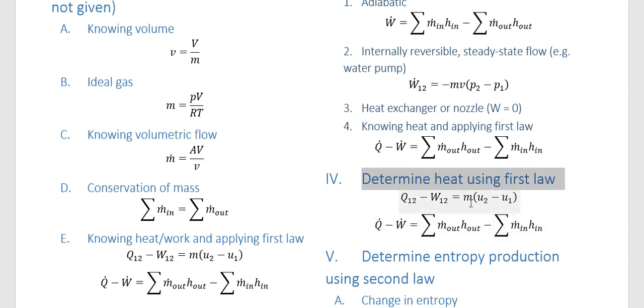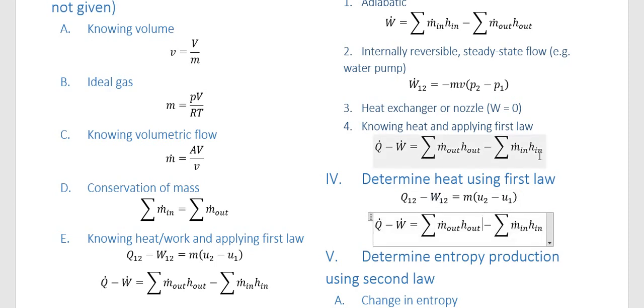To find the heat, we just use the first law equation. Because we know our states, U1 and U2, and we now know our work, we can find our Q from that. Or the same idea with a control volume: we know our power, we know our H values, we know our mass, we can find the heat from that. So again, that's the process that we use.